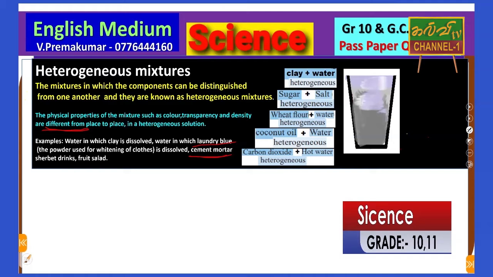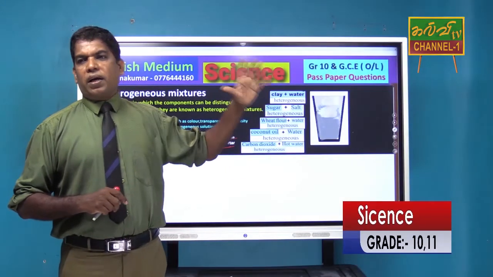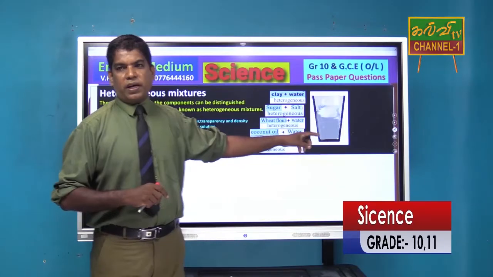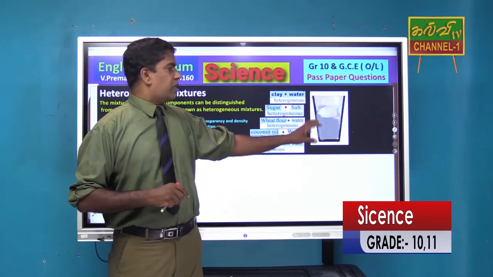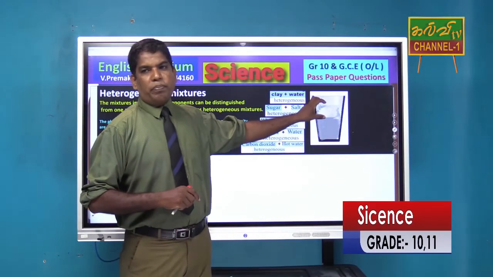Here you can find the structure. This is the color: the top part of the solution shows clean water, and the bottom part has a very high concentration with more molecules. The top part is different.